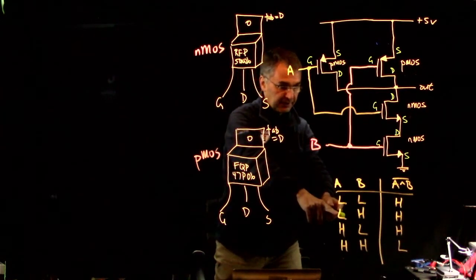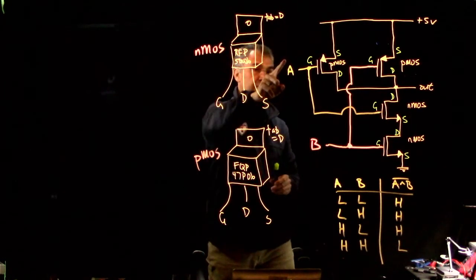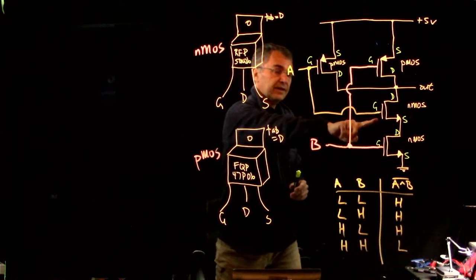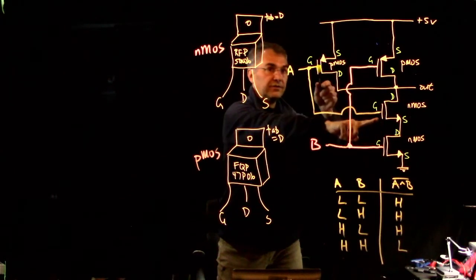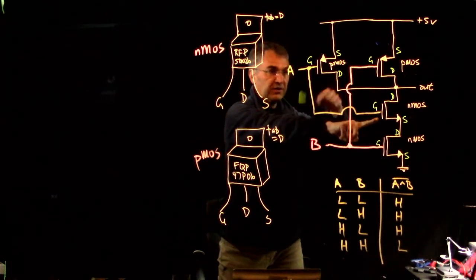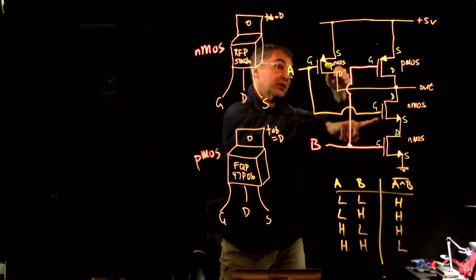Now, if A is low and B is high, so if A is low, this is off, this is on, so the output has to be high. So if B is high, this will be off, so this is not connecting us to +5, but this one is.